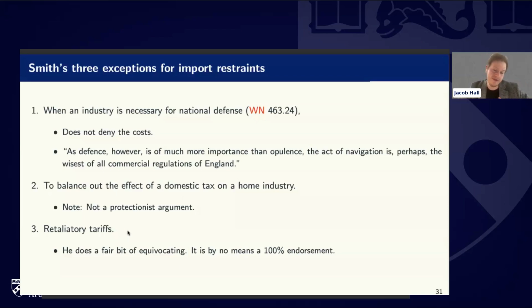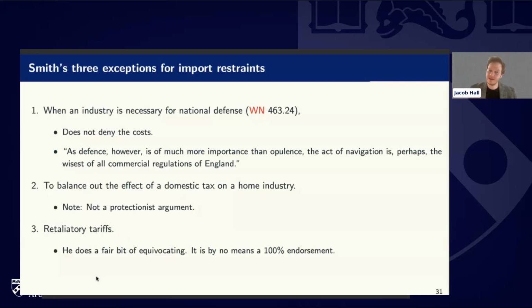The third is retaliatory tariffs. So maybe if France puts a big tariff on England, maybe we should retaliate. He does a fair bit of equivocating. There's a sense that he's saying, yes, in theory, this is a potential reason for import restraints.